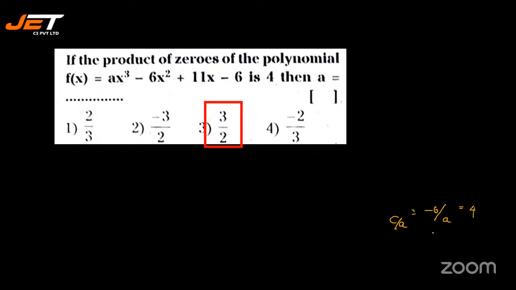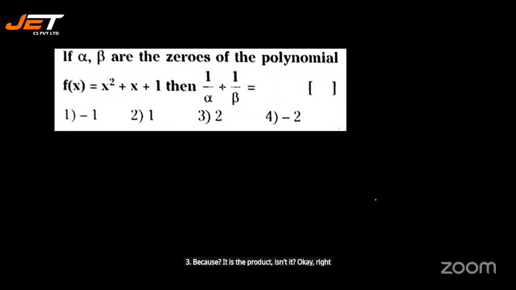So it should be minus 6 by 4 is equal to a. So 2 3s are 6, 2 2s are 4. So it should be minus. That is your option 3, because it is the product, isn't it? Okay, right. Now next question.